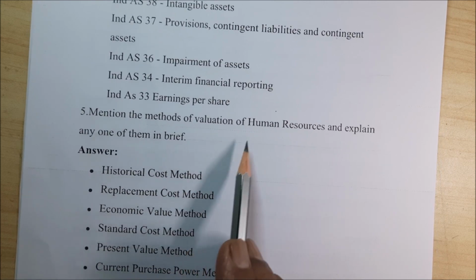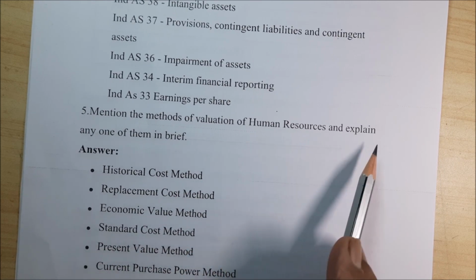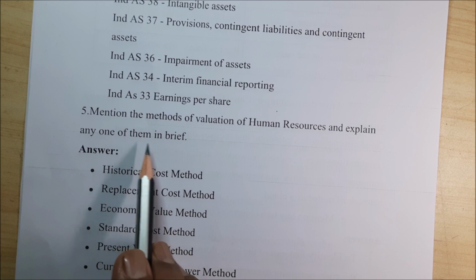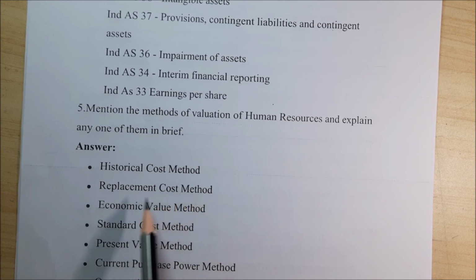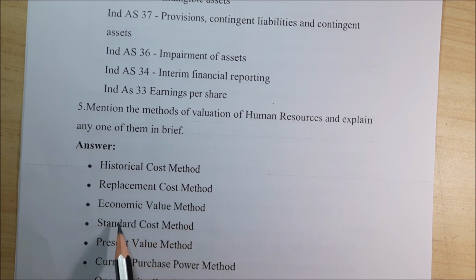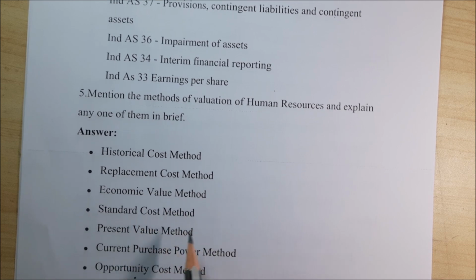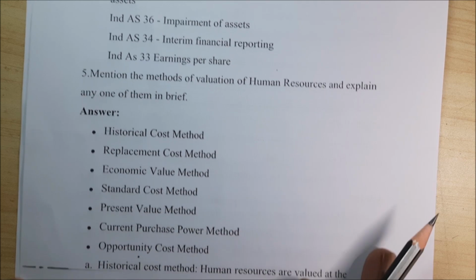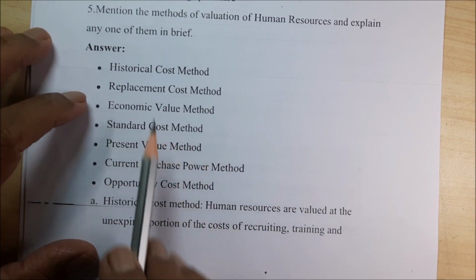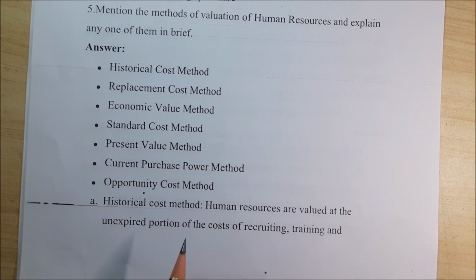Mention the methods of valuation of human resource and explain one of them in brief. Historical cost method, replacement cost method, economic value method, standard cost method, present value method, current purchasing power method, opportunity cost method. We have been given so many methods. These are all the methods by which we value human resources.